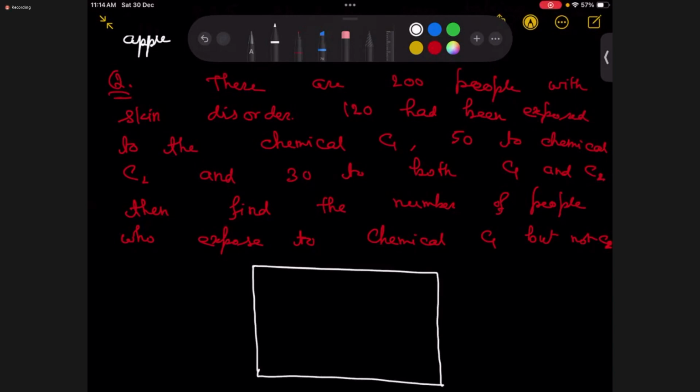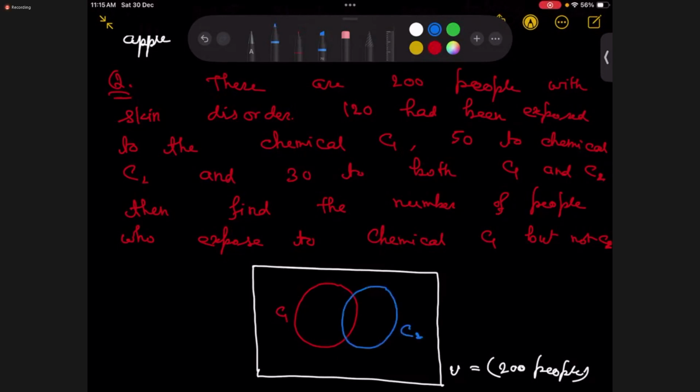There are 200 people with skin disorder, so this is our universal set which has cardinality 200. Now a few people are exposed to C1, so this red one is C1, and this blue one is C2. This blue set contains 50 people.